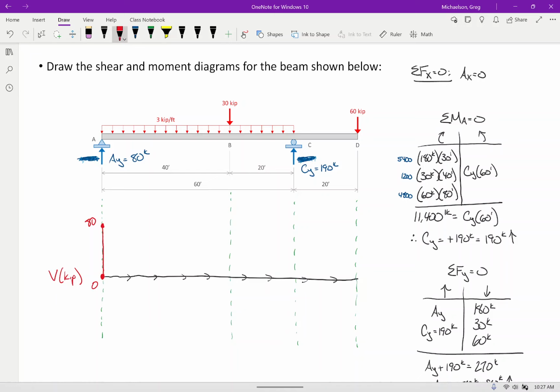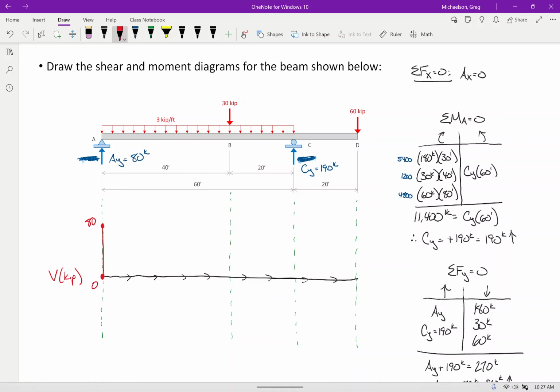How much load exists between point A and point B? 3 times 40, or 120, right? So there's 120 kips. If I'm at 80 here, where should I be here? Negative 40. So if I'm at 80 and I should be at negative 40, what does the shape look like from here to here?